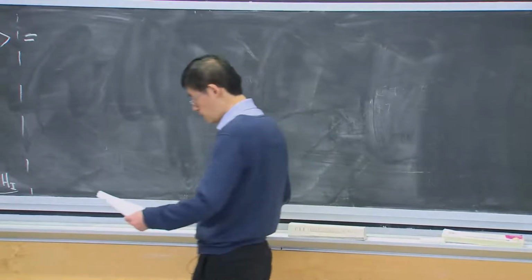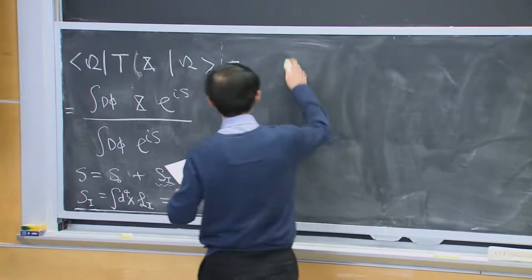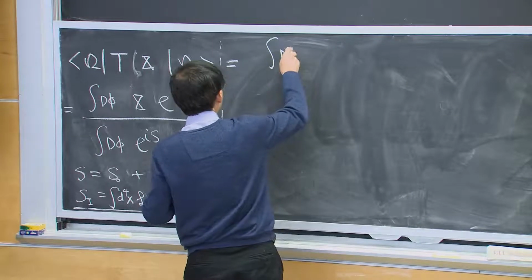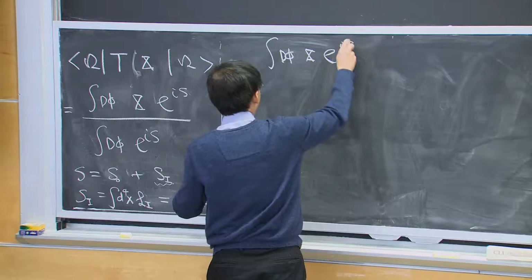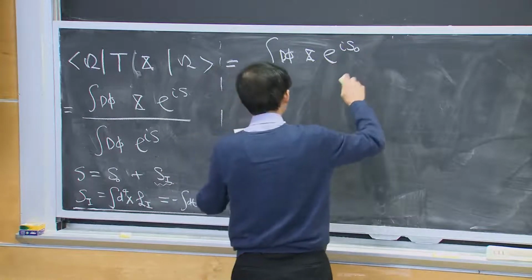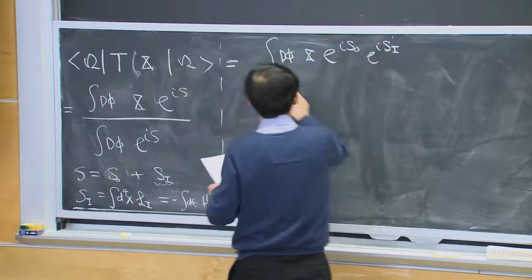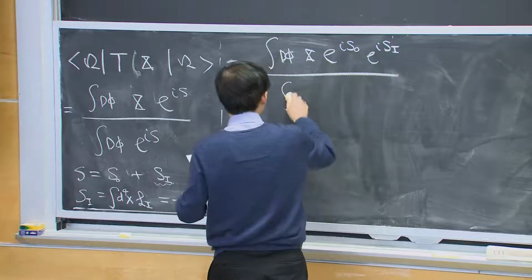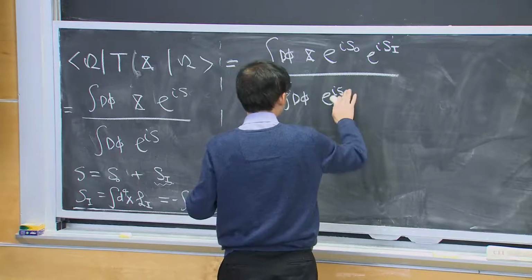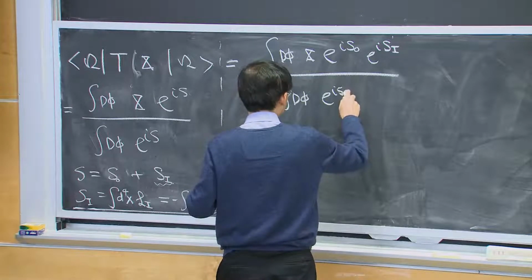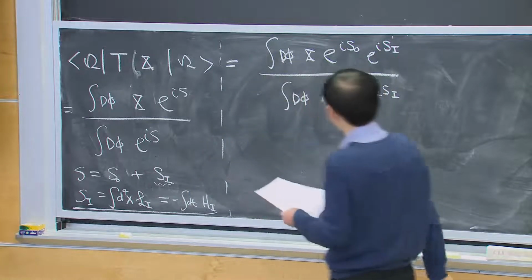For this purpose, we can write this more explicitly as the integral of D phi, then you have X, then e to the iS_0, then the expression e to the iS_I. Then divided by the integral of D phi, e to the iS_0, e to the iS_I.